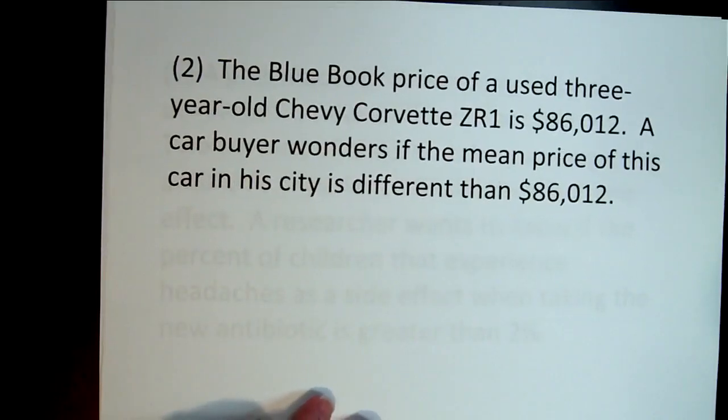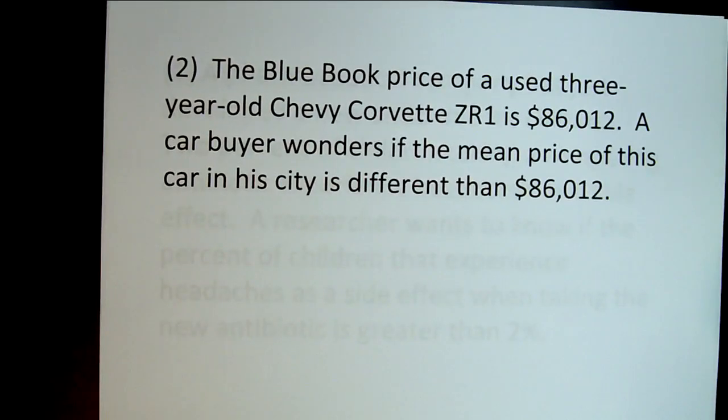Then do the same thing for Build Your Understanding number 2 here. The Blue Book price of a used 3-year-old Chevy Corvette ZR1 is $86,012. A car buyer wonders if the mean price of this car in his city is different than the Blue Book price of $86,012.